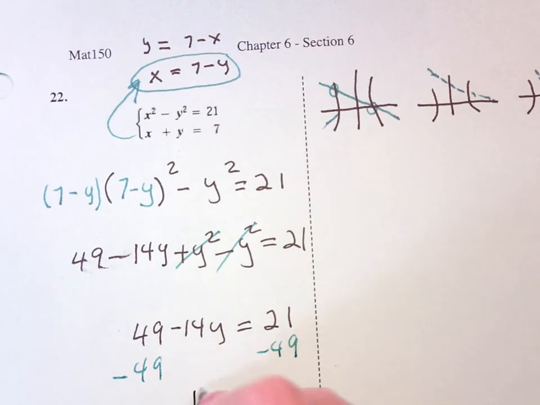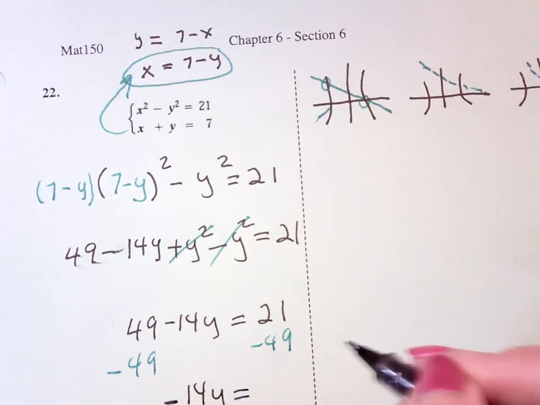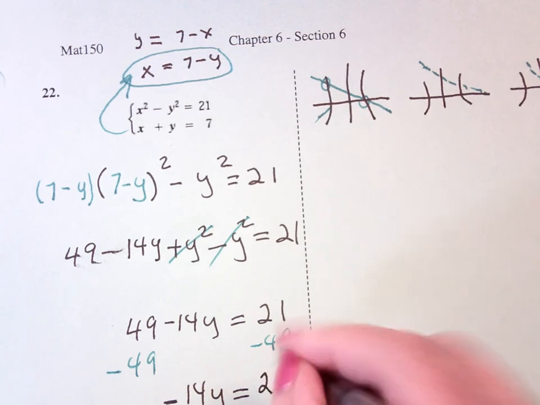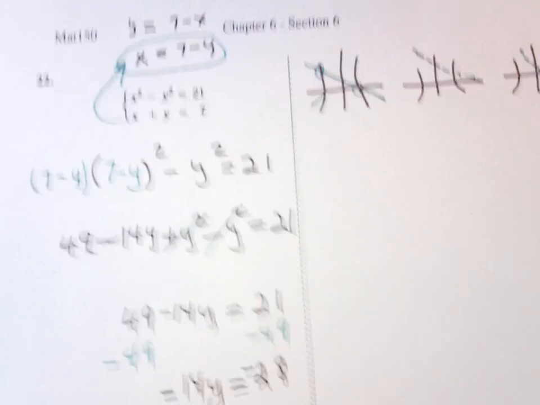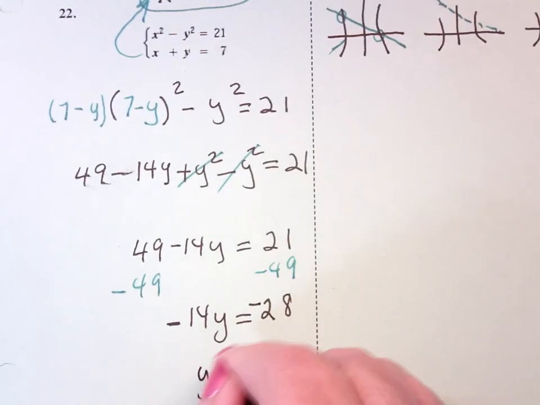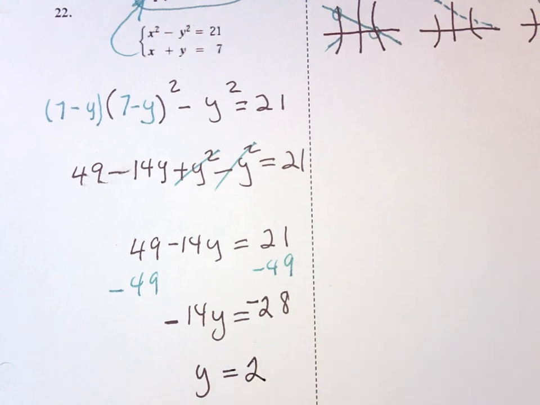So minus 14y equals 28. Oh, isn't that convenient? And it's a negative 28. So y is negative 28 divided by negative 14. y is 2. Such an innocent little answer.